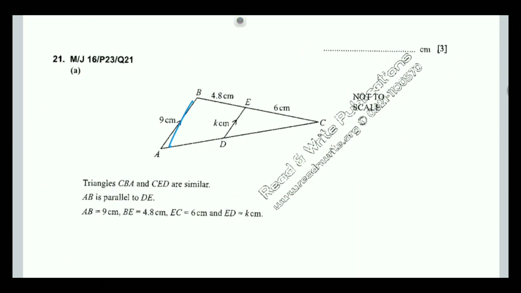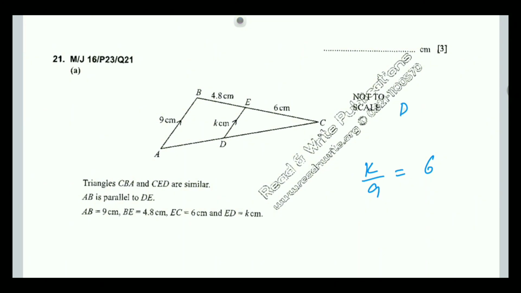Okay, so 21 question, you can see parallel lines. Parallel lines will make similar triangles, and it is also given in the question. So k and 9 are similar. K over 9, and other side of the smaller triangle is 6, and its corresponding side is BC.